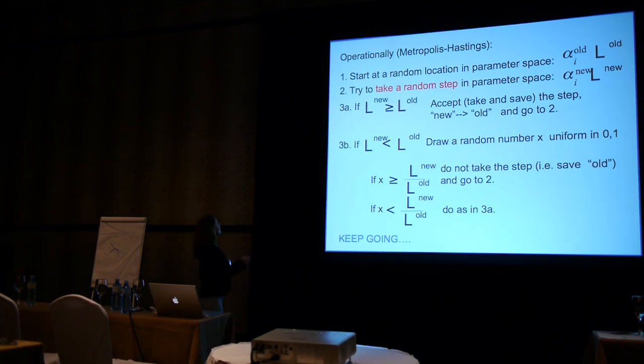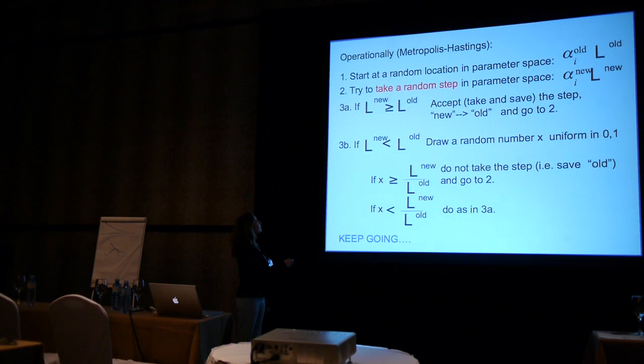Now that's the trick. If the new value of the likelihood is better than the old one, so this is a better fit, accept, which means take the step and save.